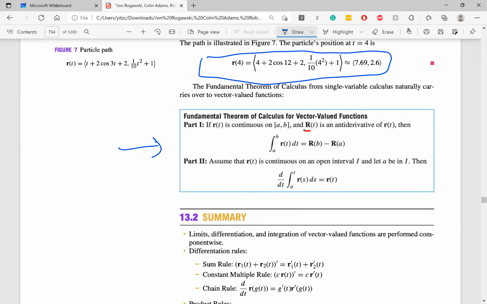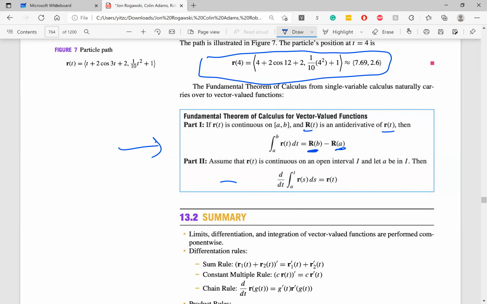If R of t is the antiderivative of r prime of t, and that's antiderivative in each component, then the integral is just going to be a vector, and each component is the antiderivative. So this all makes sense.